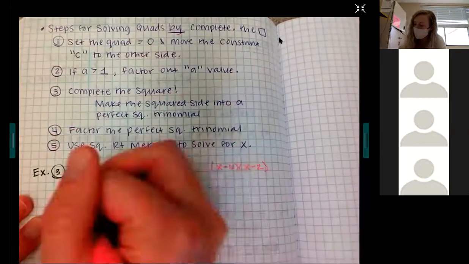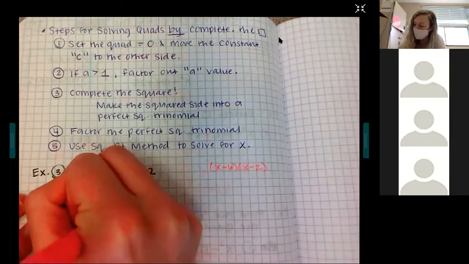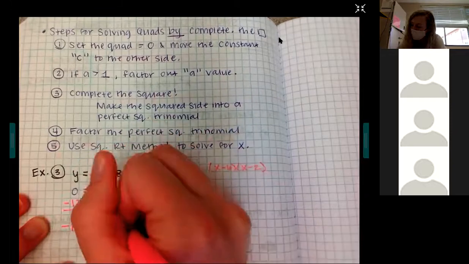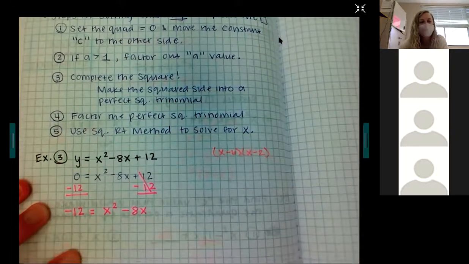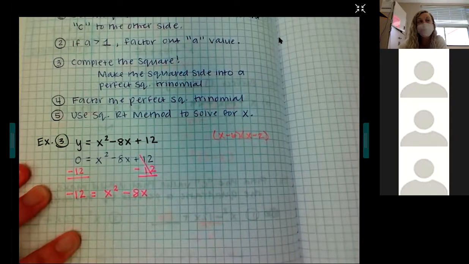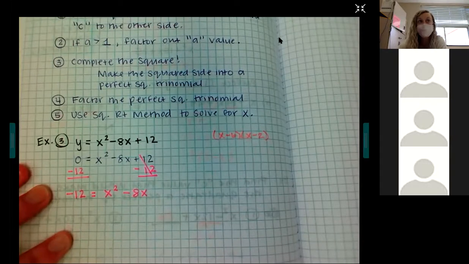Do y'all agree this is negative 12 equals x squared minus 8x? Keep going with me. Is there a question about what I've done so far? I know it's different. You gotta have an open mind.